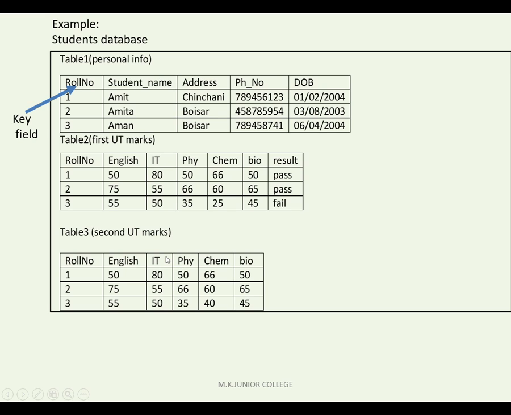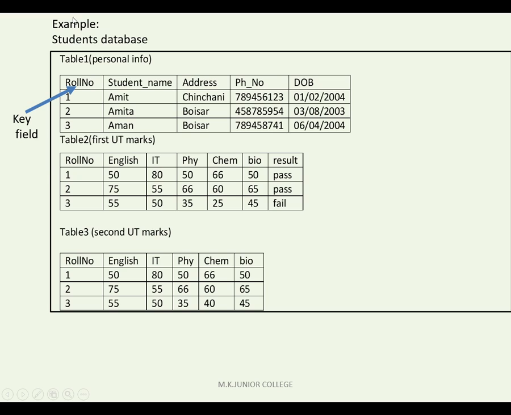To make the result, the information I need from the first unit, second unit, first term, second term, all that data I can search and get through the roll number, because this roll number will be in every table, and to link every table I am going to use the roll number.